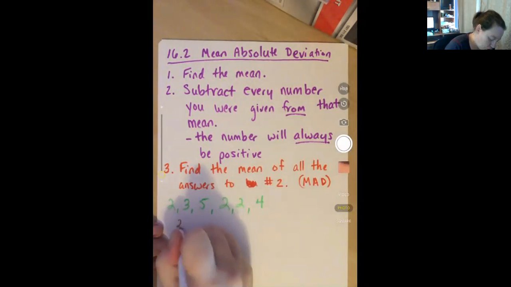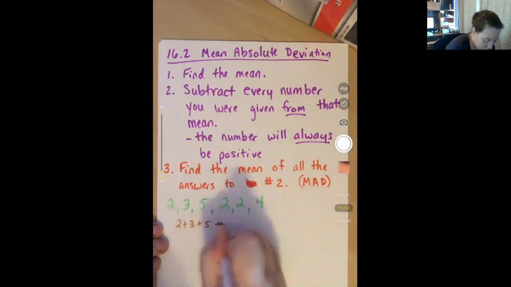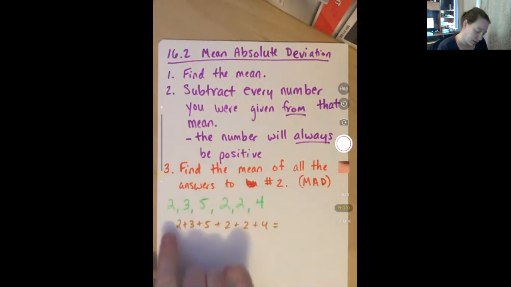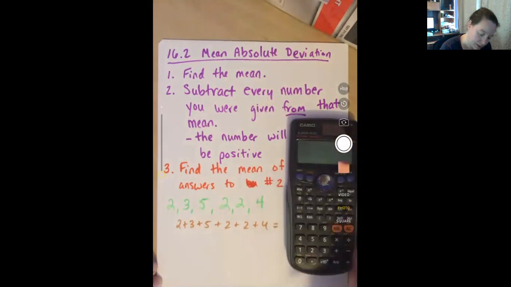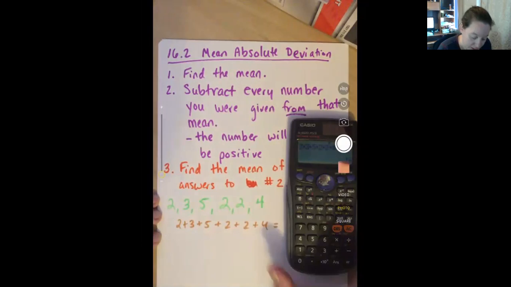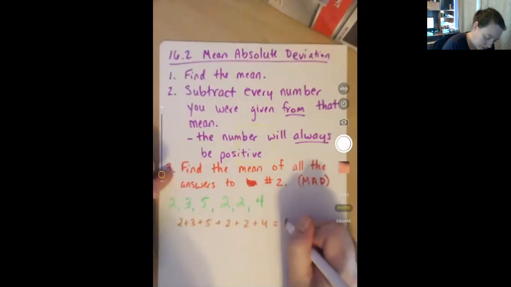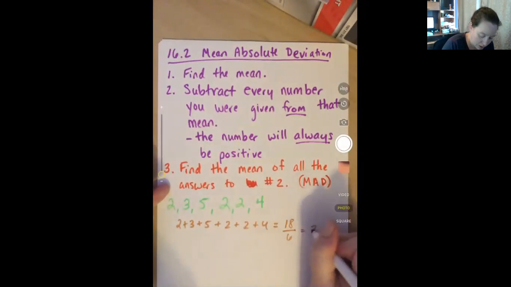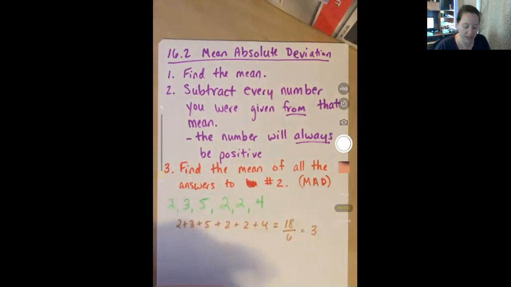So that is 2 plus 3 plus 5 plus 2 plus 2 plus 4. All right, let's plug it into my calculator. That gives us 18. We are then going to divide by 6, which gives us 3. So this is number 1. Find the mean. The mean of this is 3.